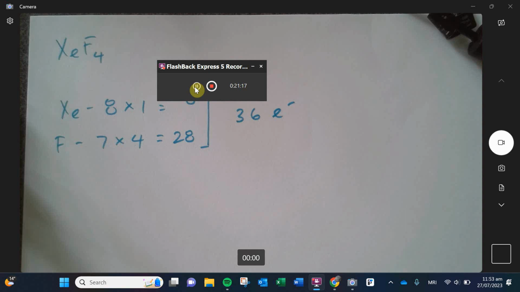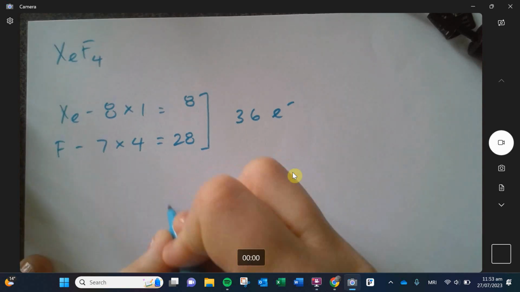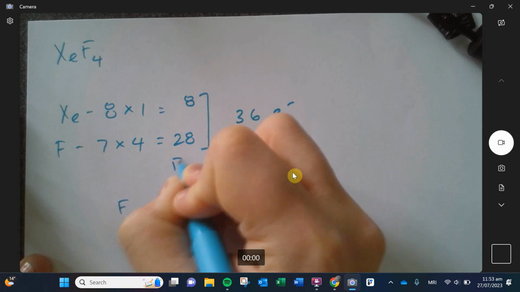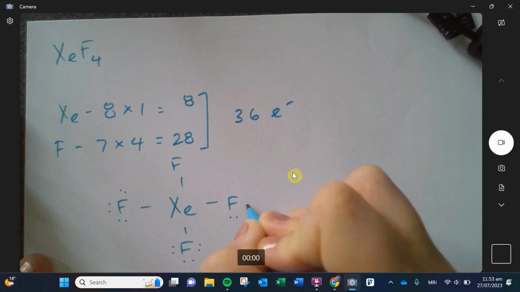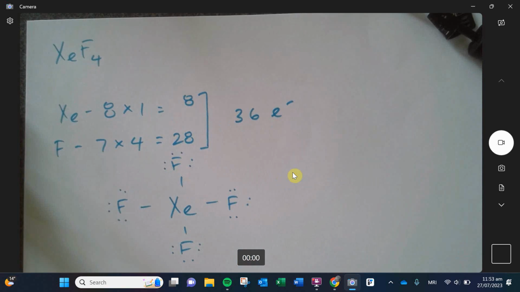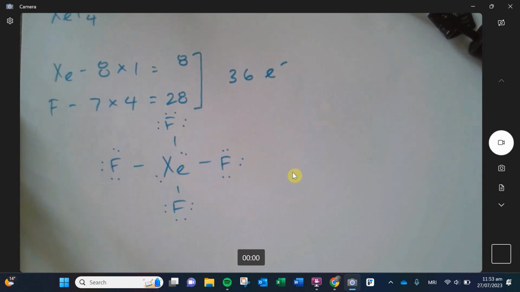Okay, here's the answer for this guy here. Now, you would have gotten to this point, and you would have 32 electrons, and so the remaining 4 go on the center atom.